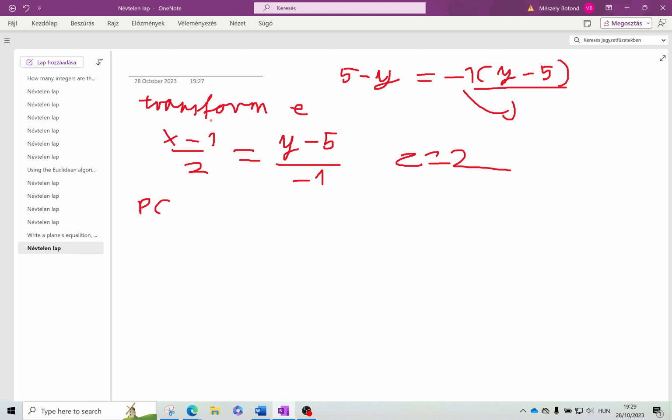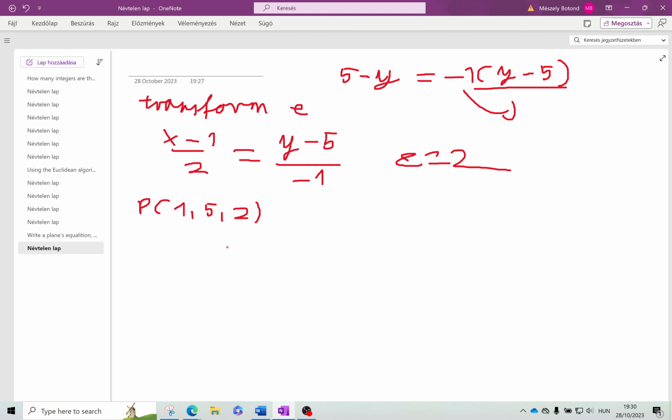That means that, for example, P is 1, 5, and 2. How do you know it's true? You start to put them in the places. So 1 to here, to x, and 1 minus 1 per 2 is 0 per 2, which is 0, equals 5 minus 5 per minus 1, which is 0 per minus 1, 0. So this is true if you use 1 and 5, and z is given, so it will always be 2.